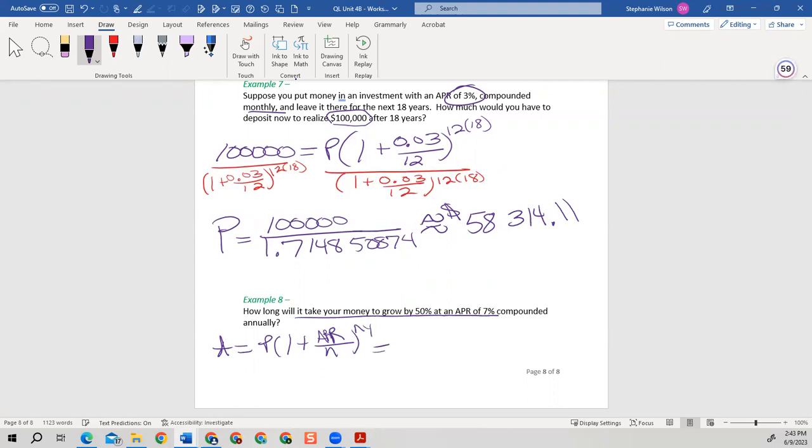We're going to plug in my principal. We are missing... right here. So here's the thing. If we want it to grow by 50%, right, and when we compound our money at 7%, yes, we are missing some information in this question.